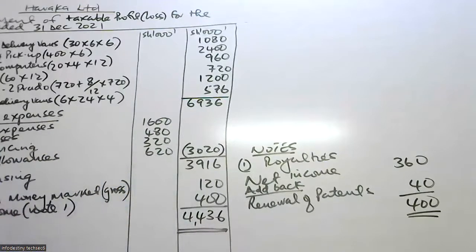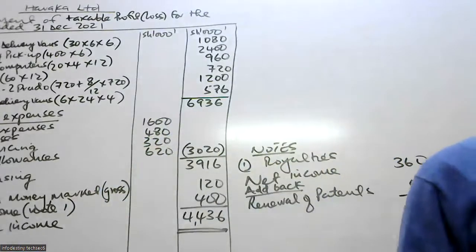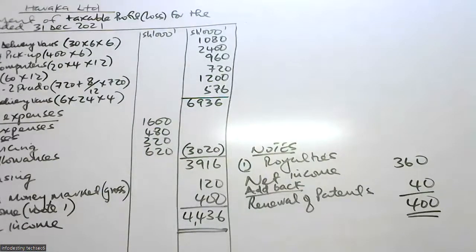This is called total taxable income. Then you can compute tax.